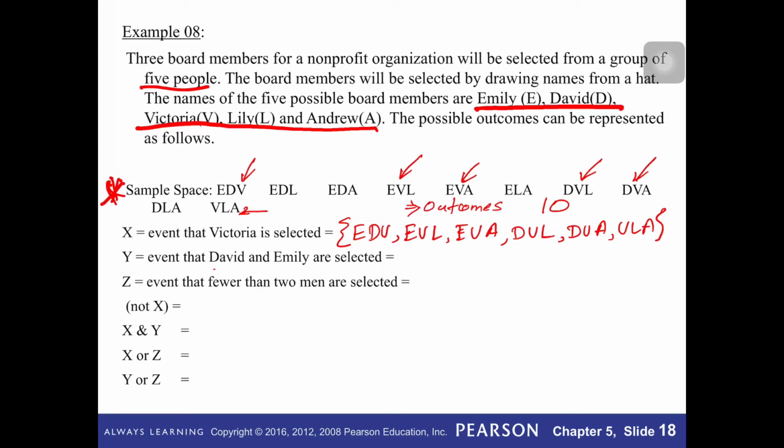Event that David and Emily are selected. So David and Emily, which means D and E should both be there.